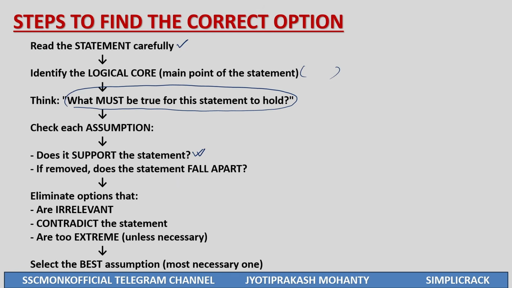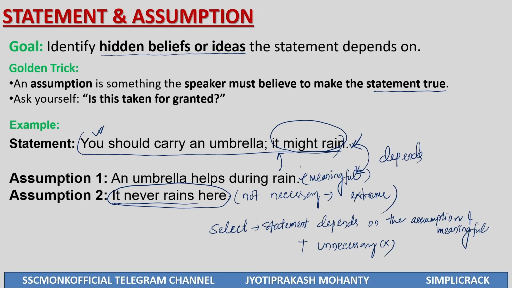Second, if that assumption is not there, understand this, if the assumption is not there, will the statement be as 100% sure as the questioner has given, or will the statement fall apart? If your answer is yes, like in this question, an umbrella helps during rain, if it is not there, then how would you establish that an umbrella helps during rainy days?